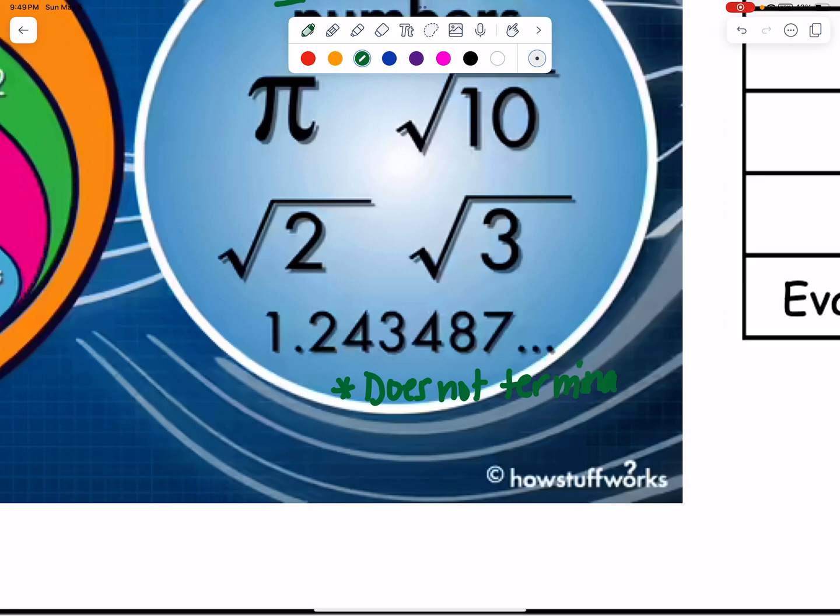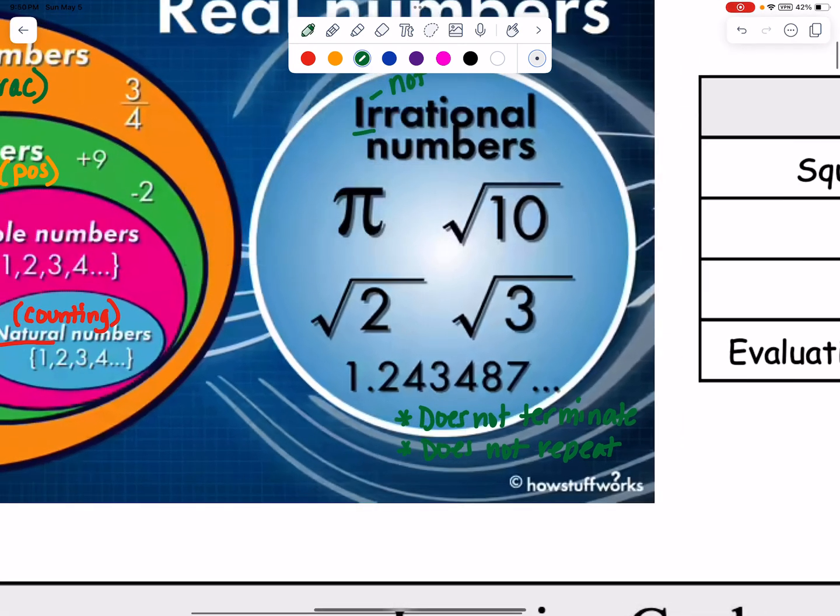Think about if you got terminated from your job, it means you're done with your job. So the decimal does not stop, it does not terminate, and it does not repeat. Okay, so if you see this exist, it does not repeat and does not terminate, then it's an irrational number. So like pi 3.14, and it goes on forever.